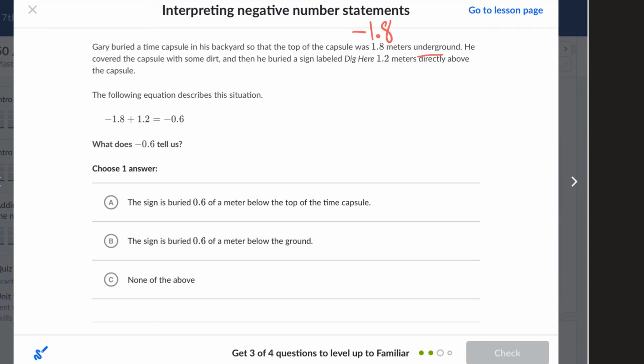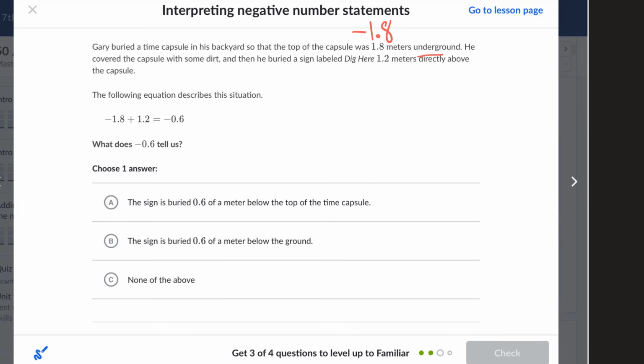He covered the time capsule with some dirt. He then buried the sign labeled "Dig Here," 1.2 meters directly above. So above is the opposite of underground. So above is a key word right there. And that 1.2 would mean it's a positive 1.2 above.